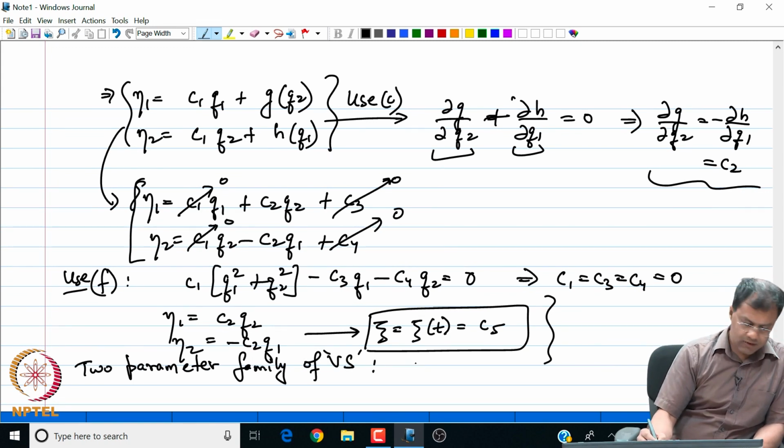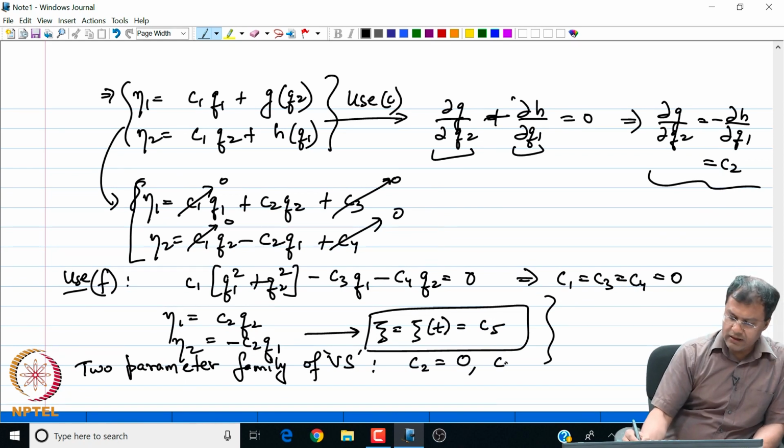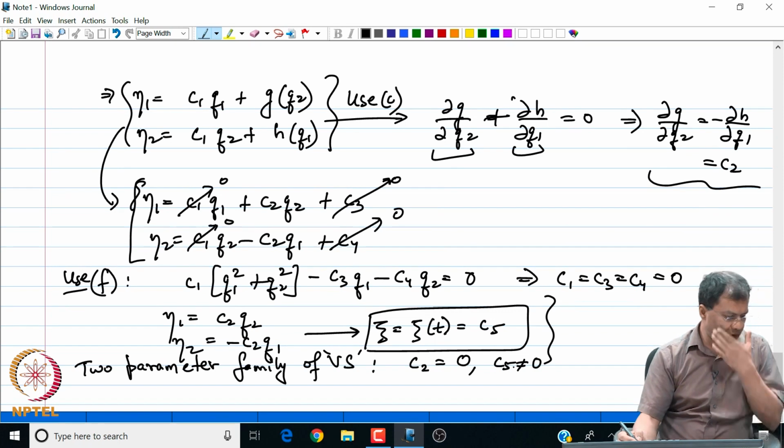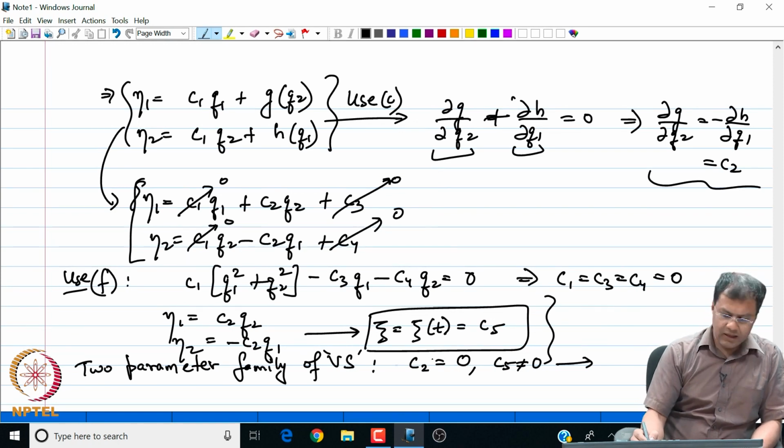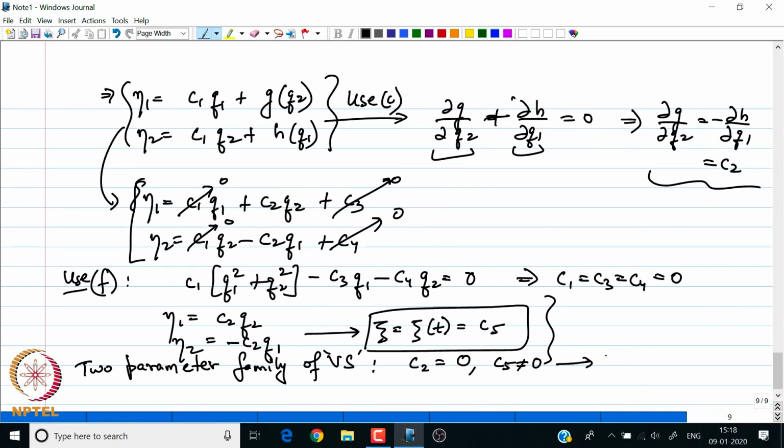What we have got is that if C2 is 0 and C5 is not 0, I can only get a time translational symmetry, there is no rotation, right. So this is time translation or translation in t.